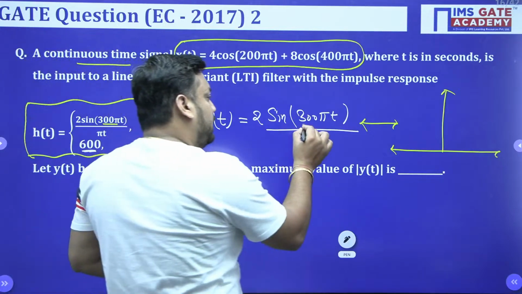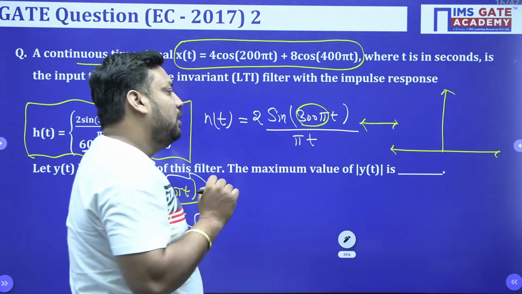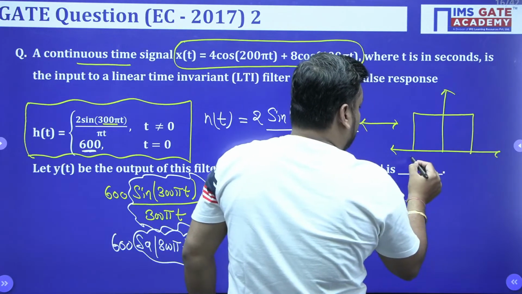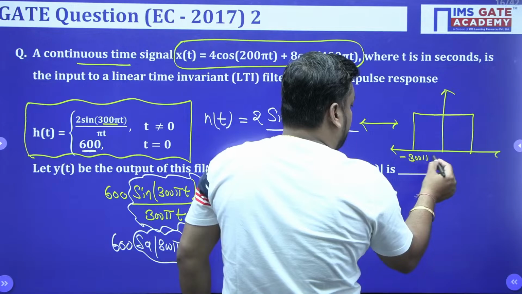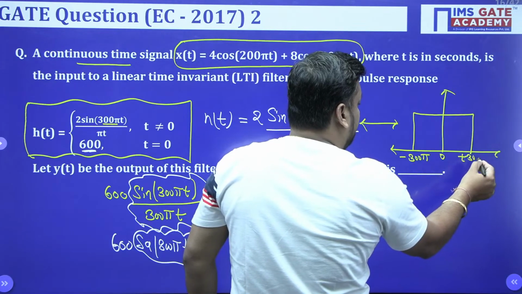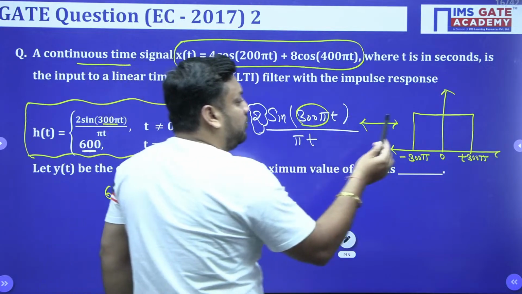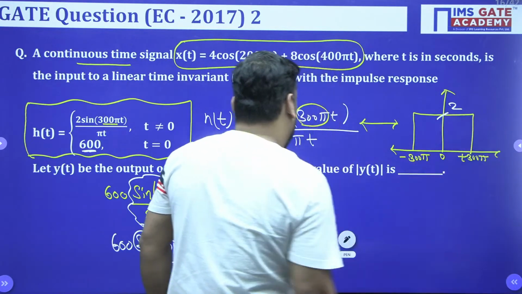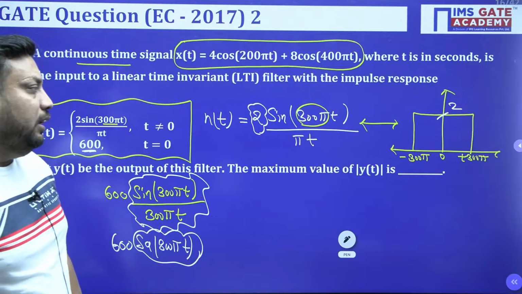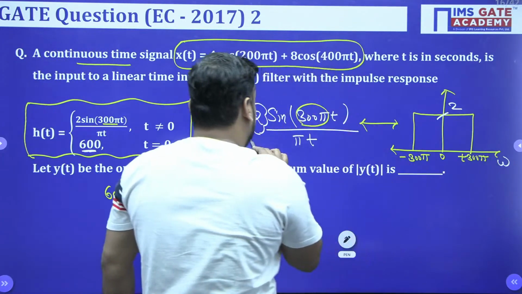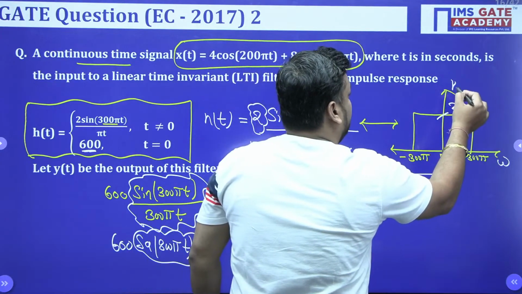Here the value of a is 300 pi. So you should make a rectangular pulse which starts from minus 300 pi and ends at plus 300 pi. And what about the magnitude? The magnitude should be a multiple of 2, so we have to multiply by the factor 2 in the frequency domain as well. So this is my h of t, then this is my H of omega.